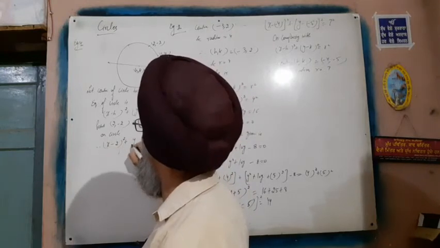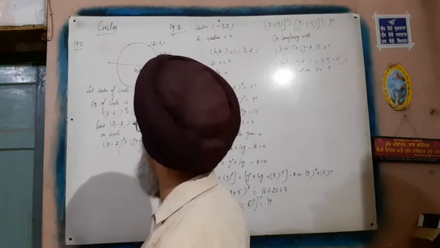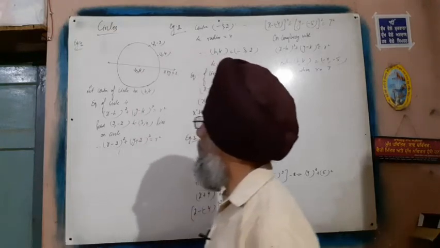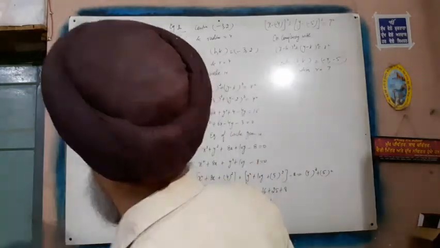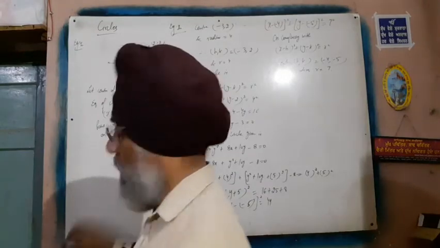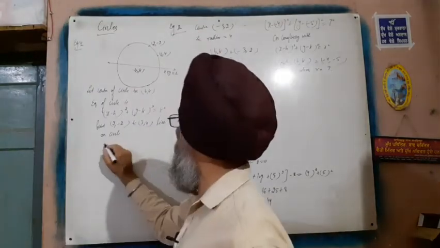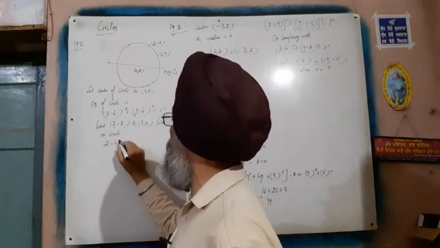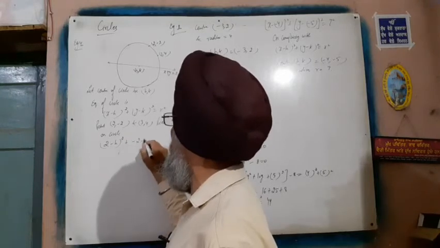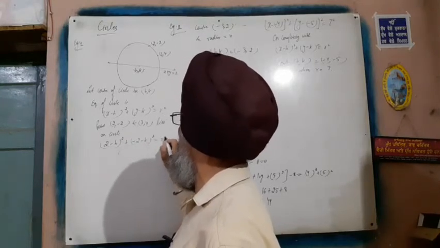Therefore, x minus h whole square, y minus k whole square is equal to r square when we place the value of x and y as 2 and minus 2, not h and k. It becomes 2 minus h whole square, minus 2 minus k whole square.